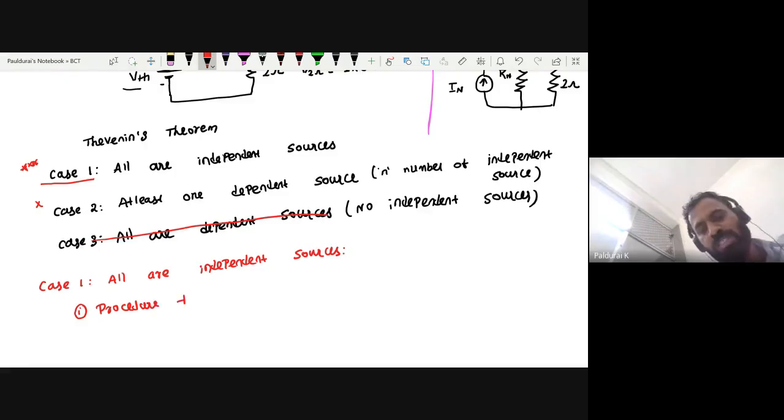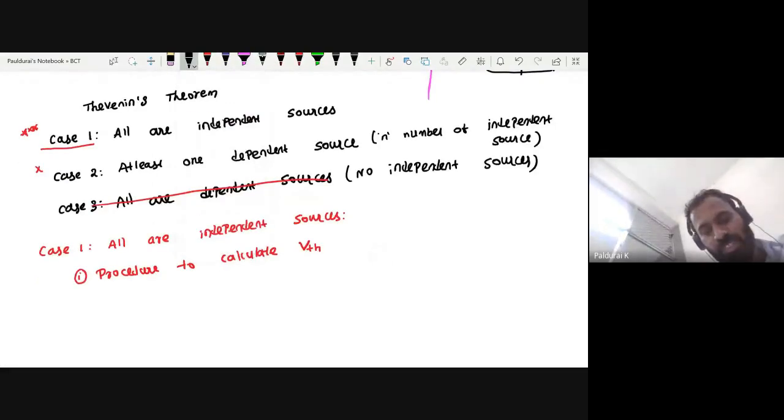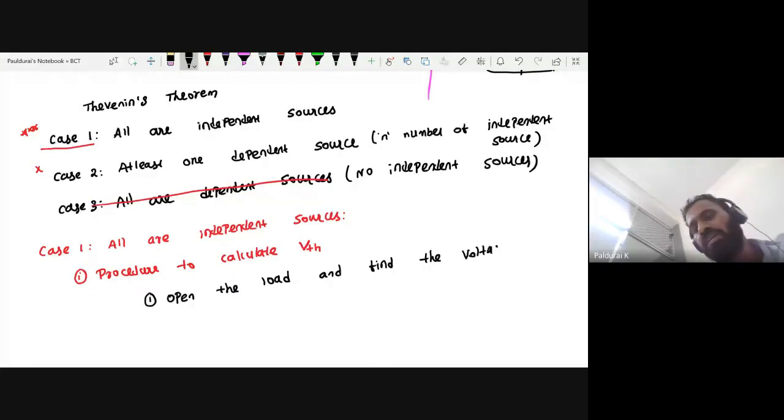First I will give you the procedure, then I will explain. Only two steps. First step, open the load and find the voltage across it. That voltage is your VTH.